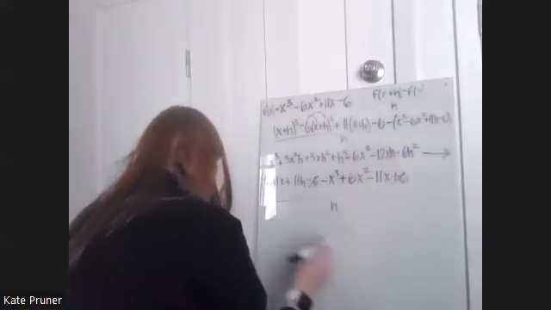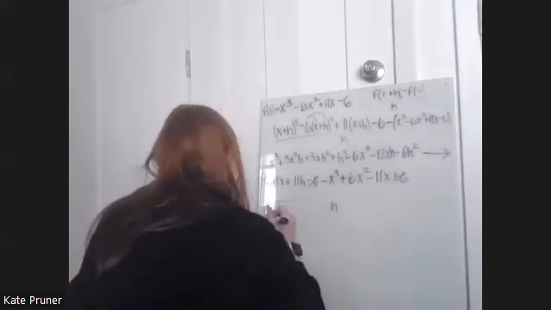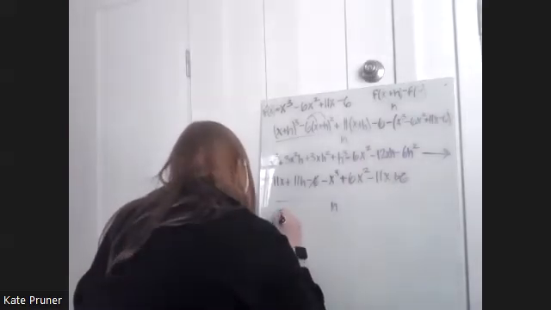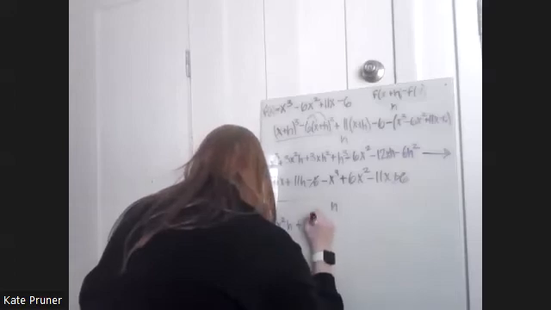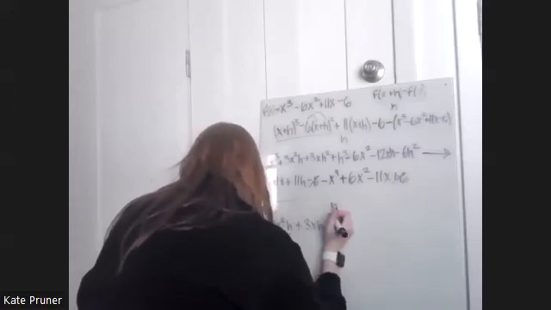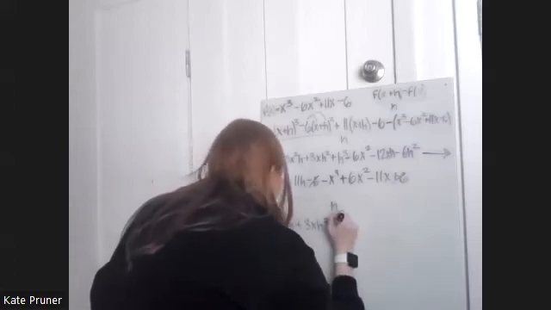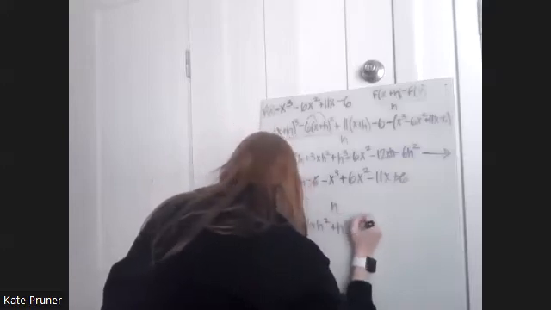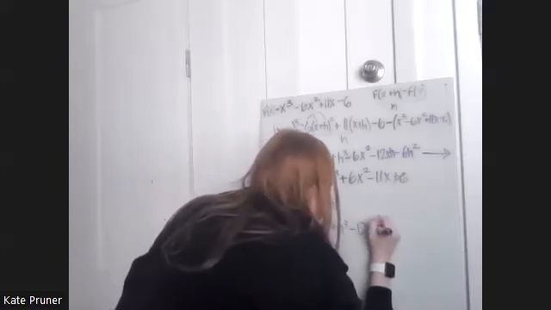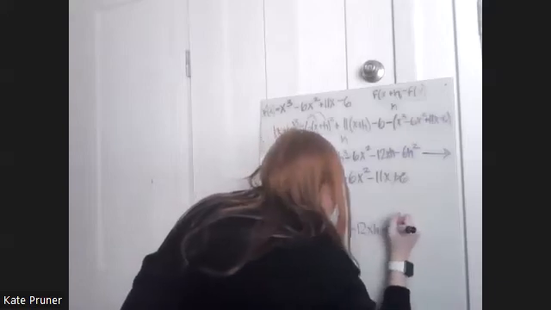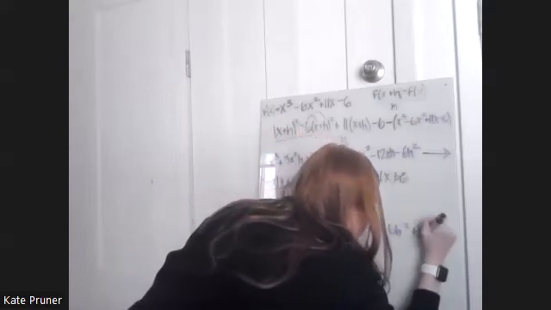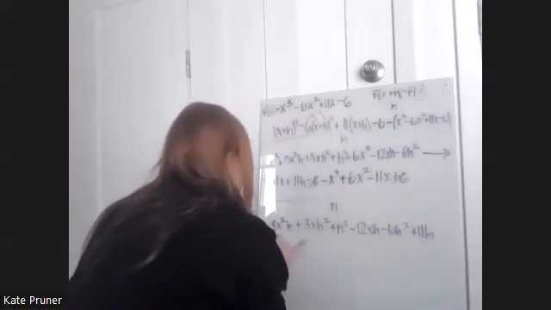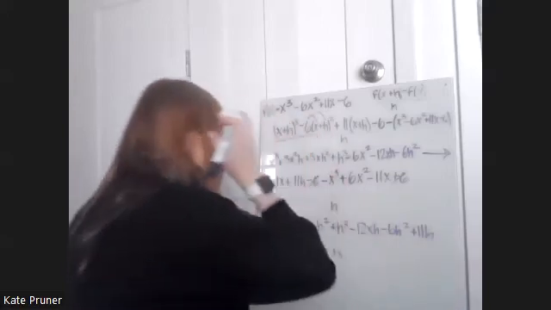Once you continue on with all of that, to save time, we'll go ahead and just write, it's going to be 3x squared h plus 3x squared plus h to the third minus 12xh minus 6h squared plus 11h. Again, all over h.